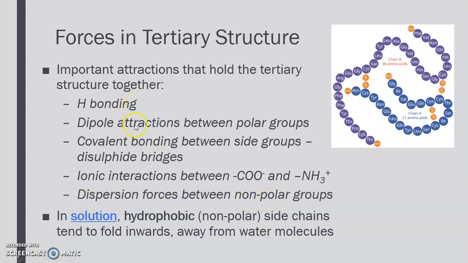So basically all kinds of chemical attractions we have ever learned can happen between the side chains of each amino acid interacting with each other. Sometimes it can also happen between the side chain and the main chain. So it's very diverse. To form a tertiary structure, all forces are in play. It's the 3D folding of the secondary structure.